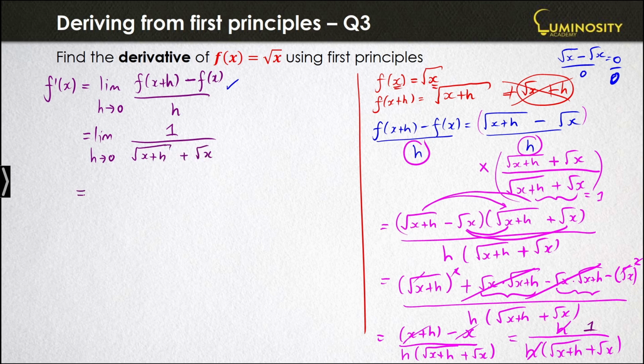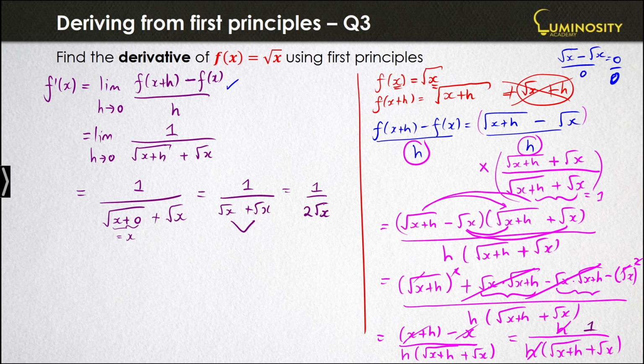Now I can substitute 0 for h. So I get x plus 0 in the denominator, square root of it, plus the square root of x. So that's the root of x plus the root of x. I have two amounts of these common terms, so I have 1 over 2 amounts of root x. That is the final solution.